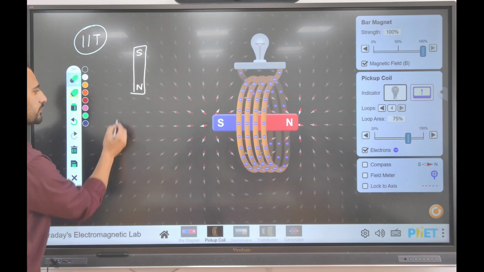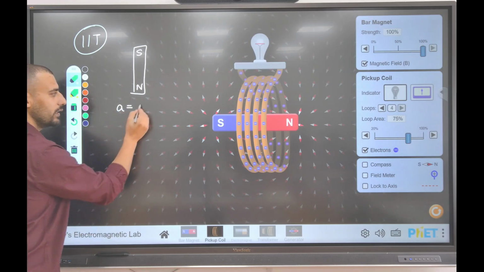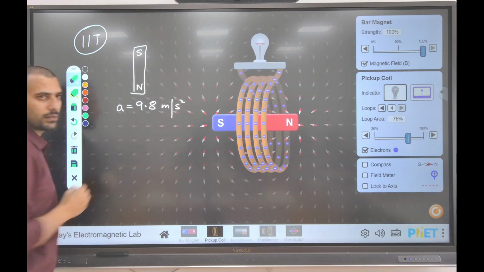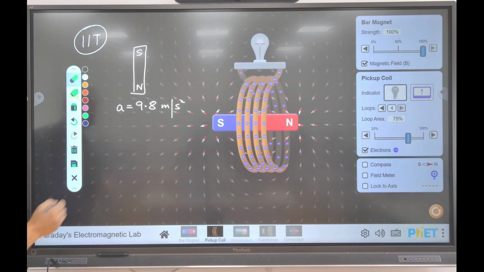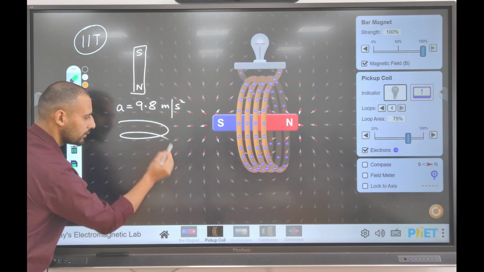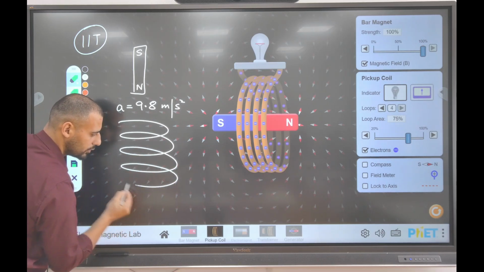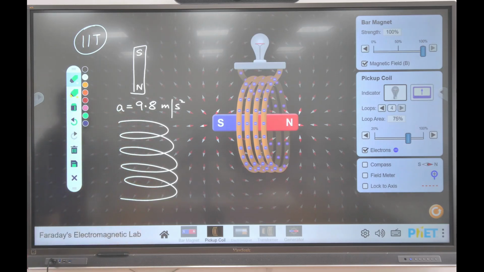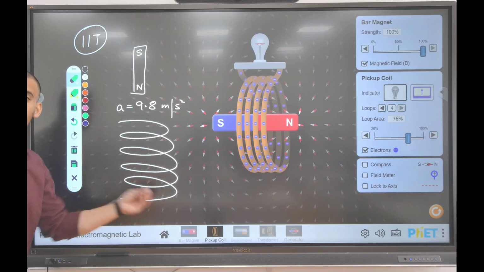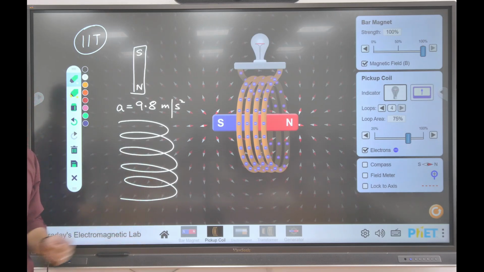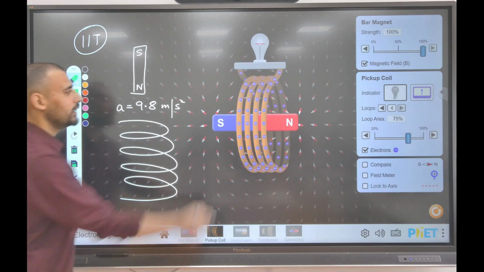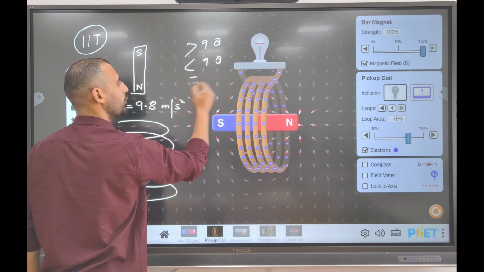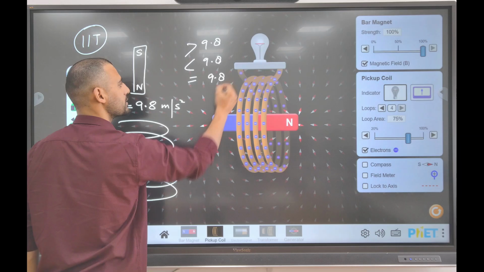What will be the acceleration with which it will come down? Very good, 9.8 meters per second squared, isn't it? But the question was, if there was a coil through which it has to pass and then come to the ground, will the acceleration be more than 9.8, less than 9.8, equal to 9.8, or none of these?